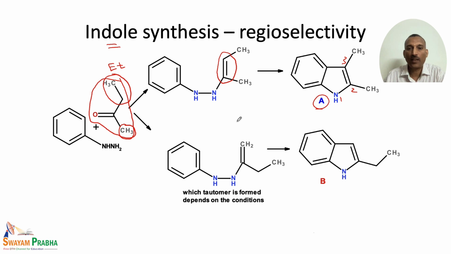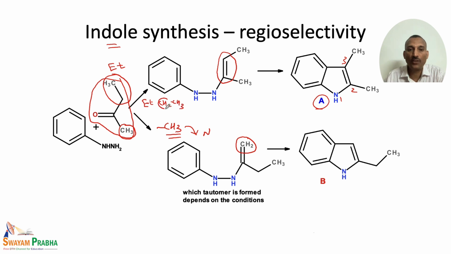And the other case is where the methylene carbon is actually losing or giving that hydrogen. That means we have a methyl group that can actually give the hydrogen atom, or shift of hydrogen takes place from that group. So this path is where the methyl group gives that hydrogen to the nitrogen, and in the top one it was the ethyl group. So ethyl group means it is basically CH2 and CH3.